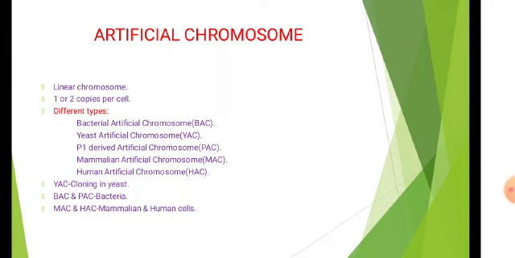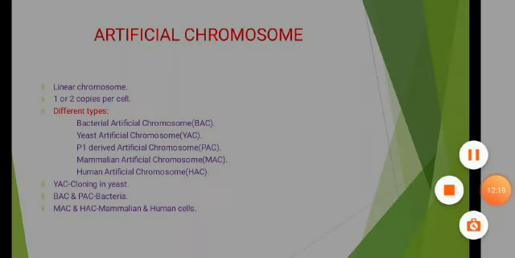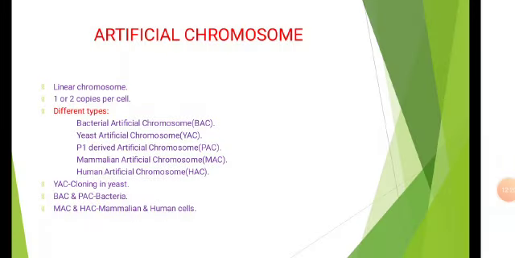The second one is YAC, yeast artificial chromosome, the third is PAC, P1-derived artificial chromosome, the fourth is MAC, mammalian artificial chromosome, and the last is HAC, human artificial chromosome. YAC means cloning from the yeast cell, and BAC and PAC cloning from bacteria.